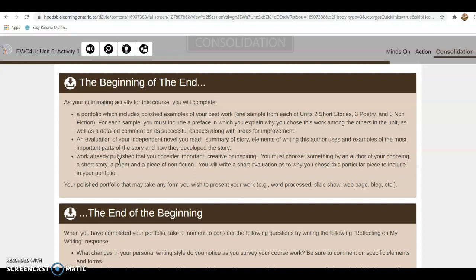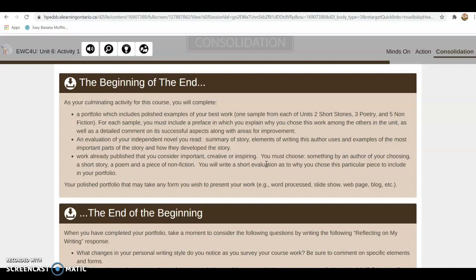So in addition to your own pieces of writing, in addition to the novel and summarizing and explaining the elements that that author uses, you are going to find either a poem or a short story or a piece of nonfiction, and you're going to write a short paragraph as to why you chose that particular piece, what it means to you, why it's significant, what stylistic devices that author uses, and why they're impactful.